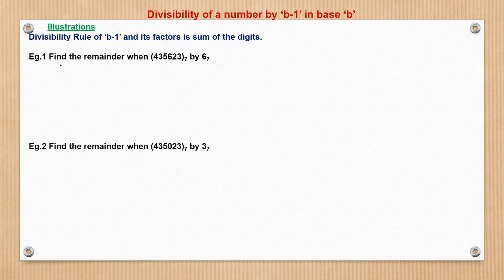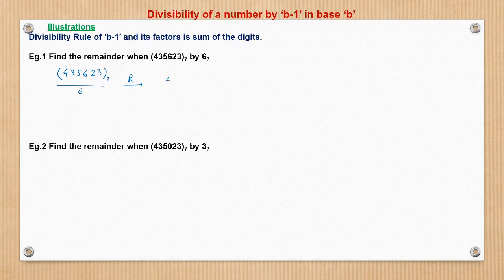Here the first example says find the remainder when 4 3 5 6 2 3, that is in base 7, is divided by 6, right? So we have to find the remainder. First of all, we can see the base is 7 and the divisor is 7 minus 1, n minus 1 type. So the remainder rule is sum of the digits.